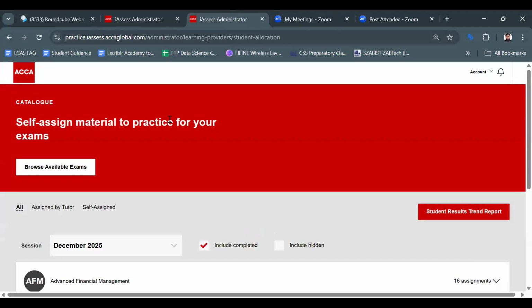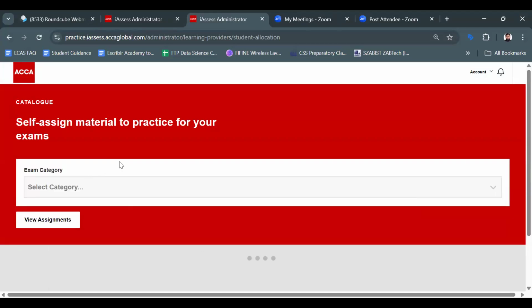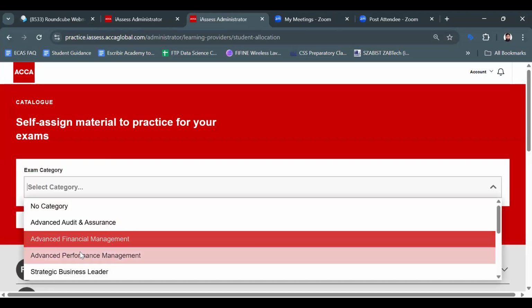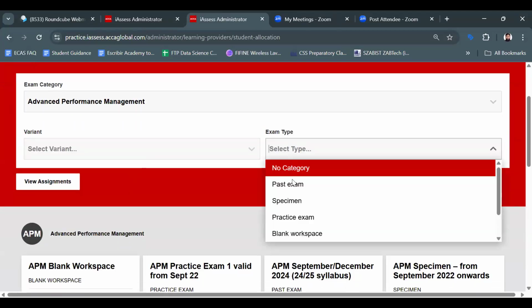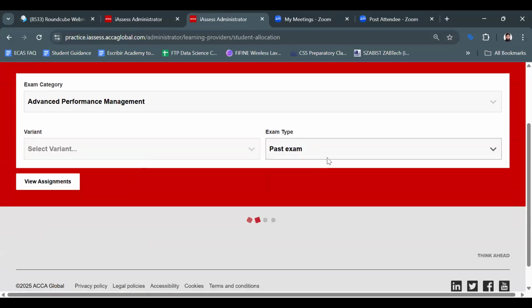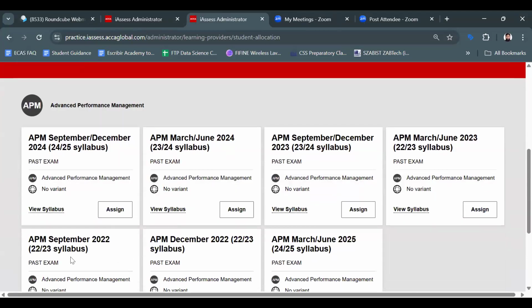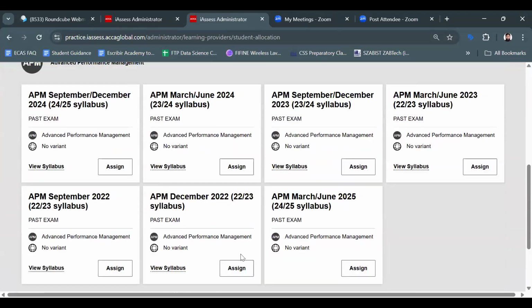And once you have logged in with your ACCA credentials, all that you have to do is click on the browse available examination. Click on this APM. There is no variant for the APM as such. Just click on the past exam, let's say. So when you click on the past examination, there are different past examination papers that exist.